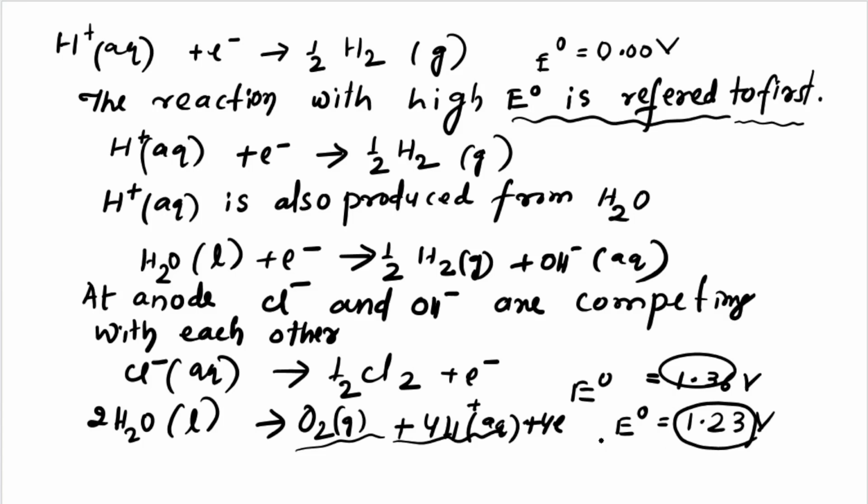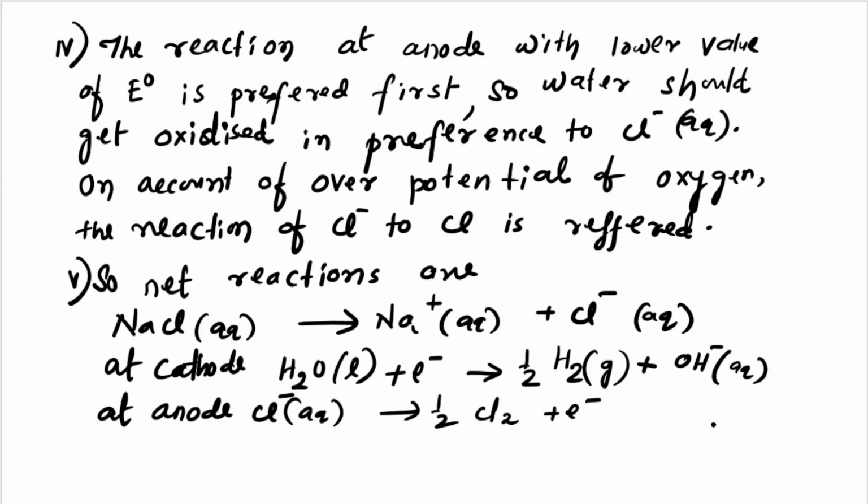So it should take place and be preferred first. The reaction with the lower standard electrode potential should be preferred. So the reaction at the anode with water is preferred first, and water should oxidize in preference to Cl minus.